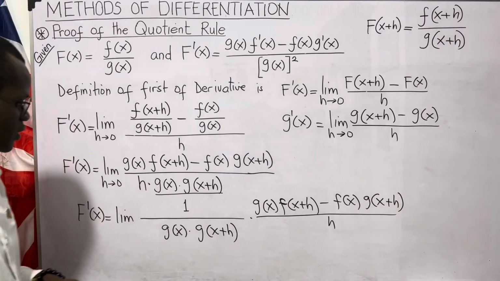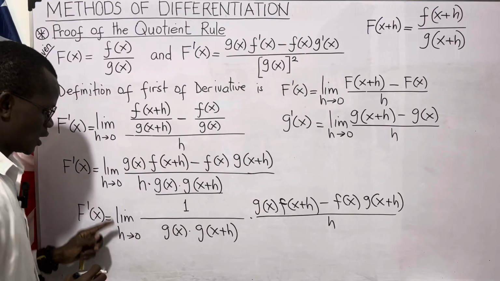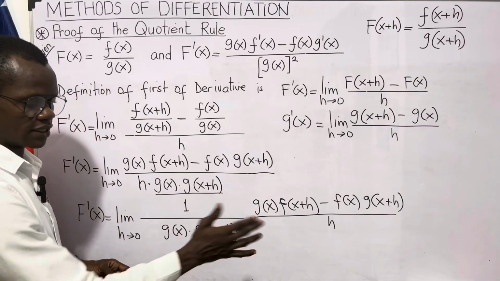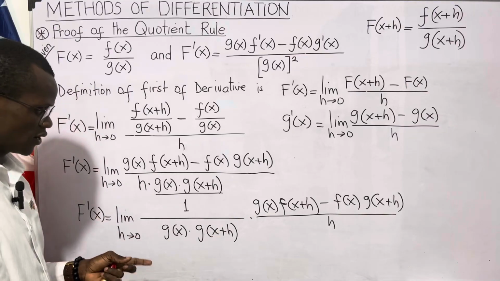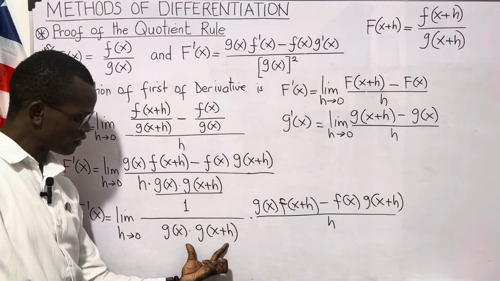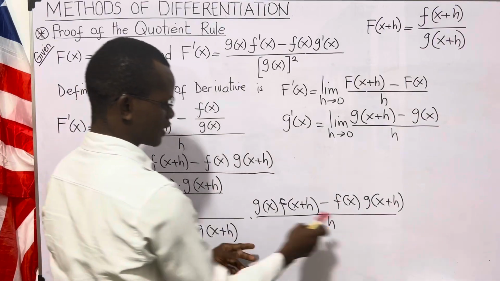Now, we know that if this limit exists, that is, if the denominator is not 0, it means we can take the limit of this first factor, and we can also take the limit of this second factor.